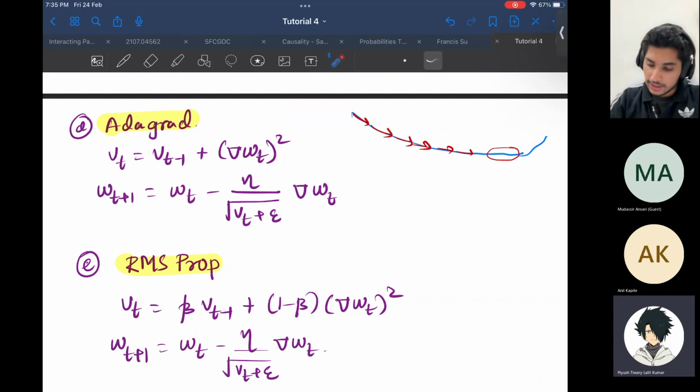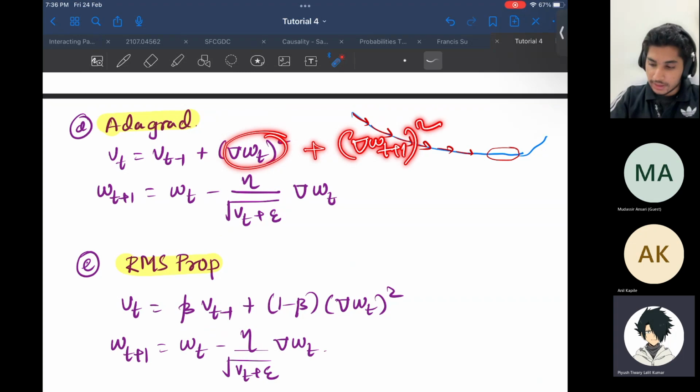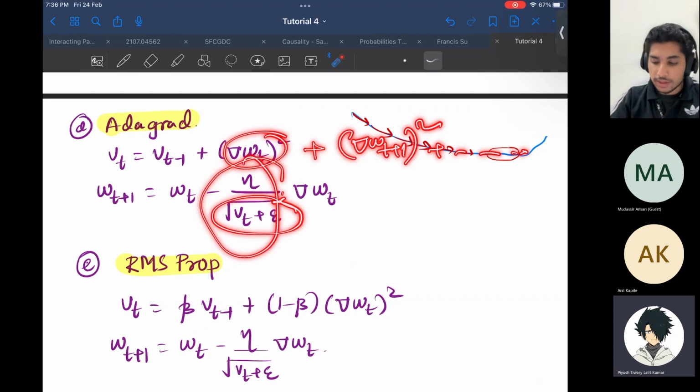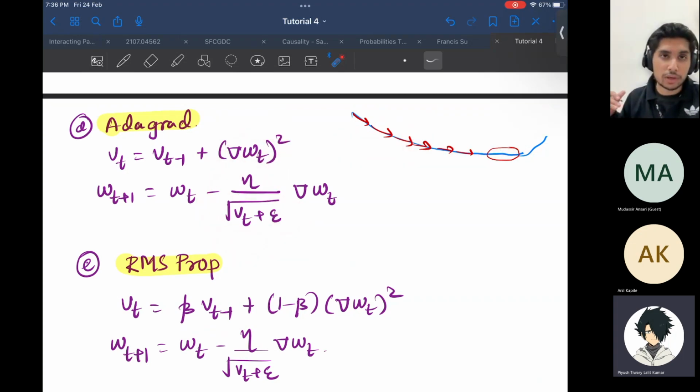what we are doing is that we are adding something to your VT. As time progresses, some positive quantity will always get added to your VT. At time t plus one you will have gradient of WT plus one squared that will get added, and so on. So as time progresses, you are increasing your denominator that is here, and if you are increasing your denominator, you are making your learning rate smaller and smaller. I hope that part is clear.